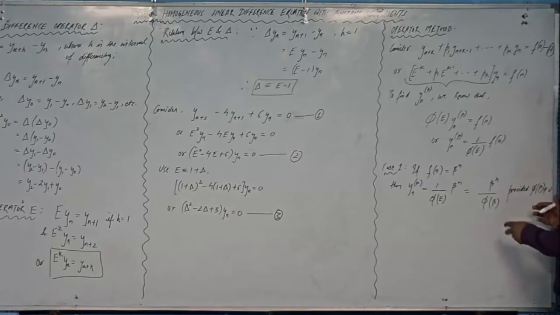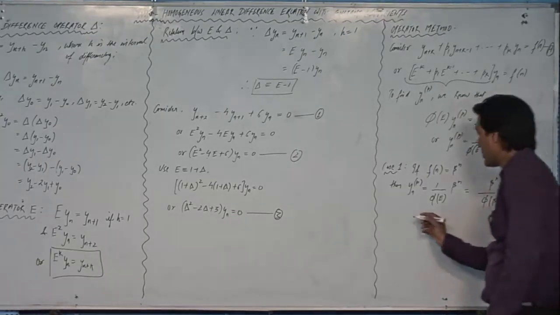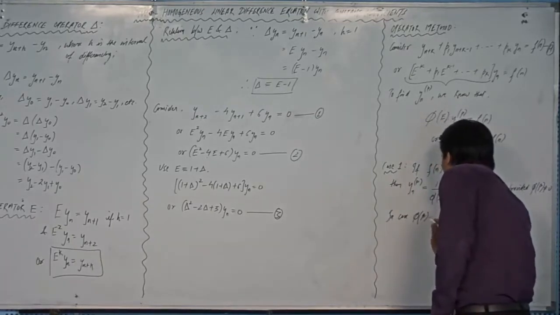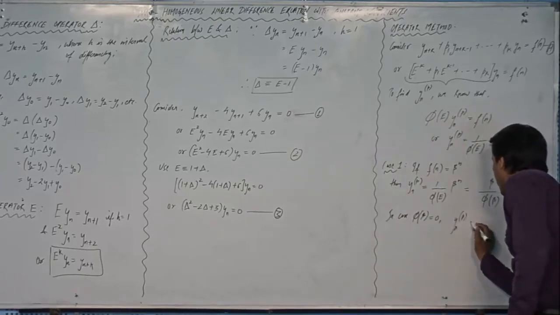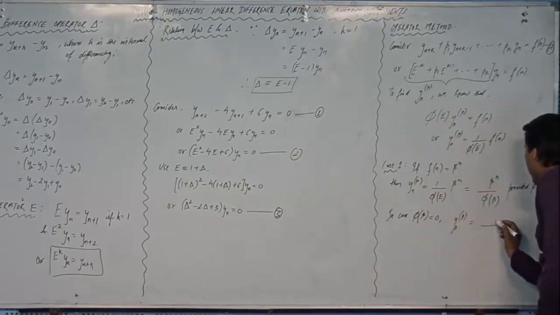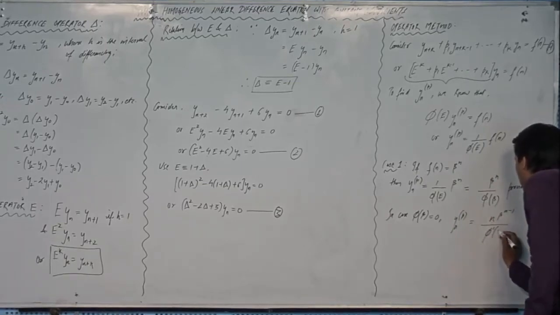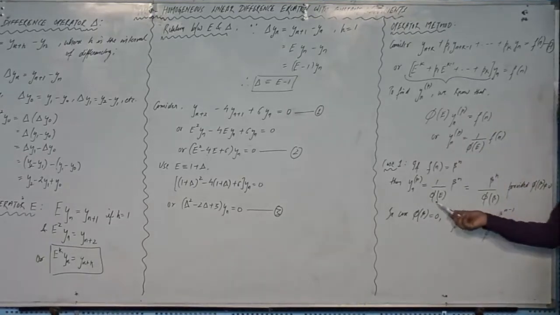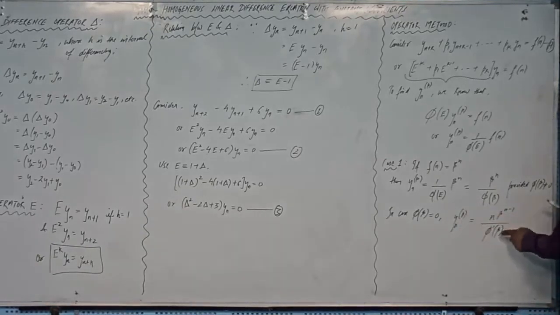Okay. And then what happens when phi(beta) equals 0? I will write that formula. In case phi(beta) equals 0, y_p can be found this way: n beta to the power n minus 1, and here we'll have phi dash(E), or phi dash(beta). First we find the derivative of phi(E) with respect to capital E, and then we put beta there.